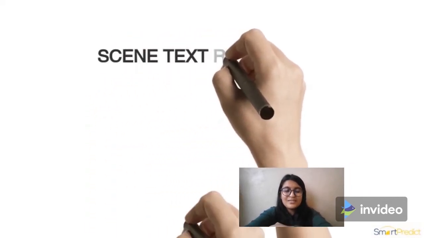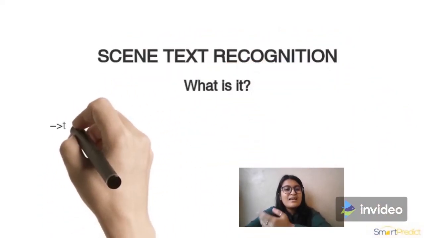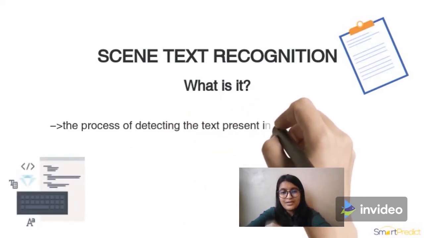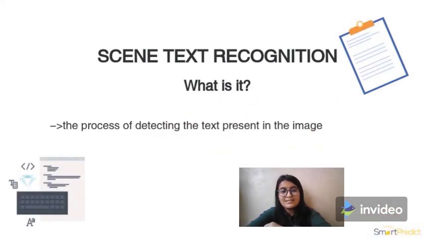Let's continue with the next use case, which is scene text recognition. Scene text recognition is the process of detecting the text present in an image. Nowadays, the need for extraction of textual information from different sources has risen to a large extent.